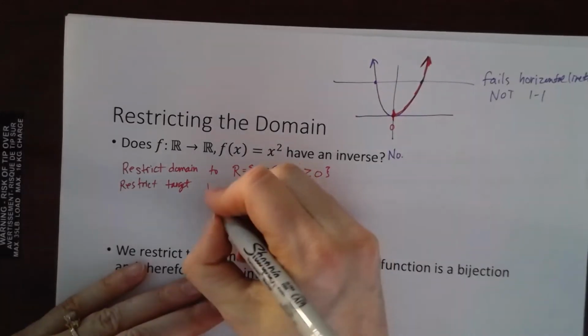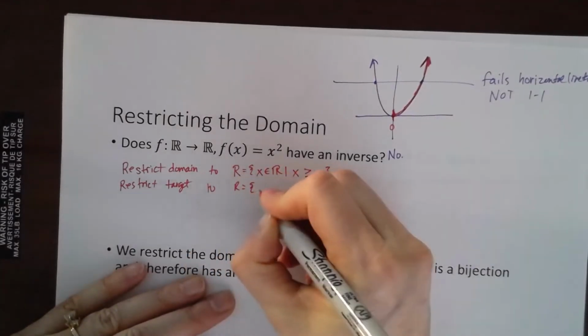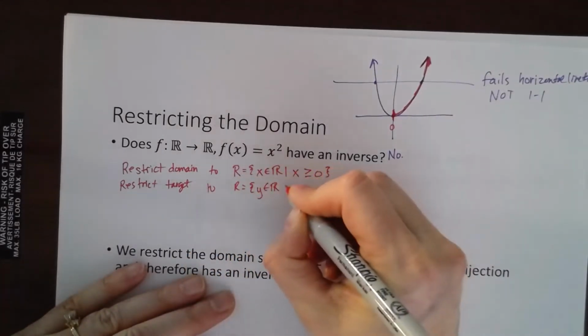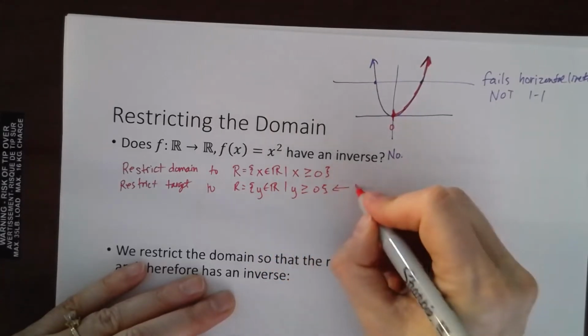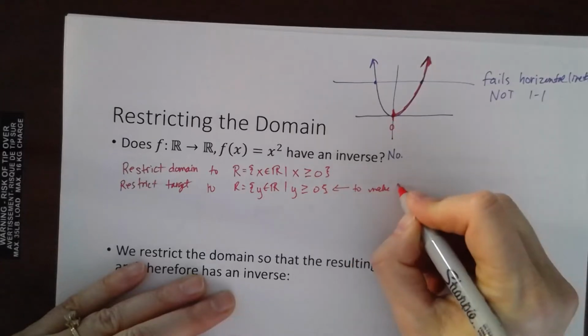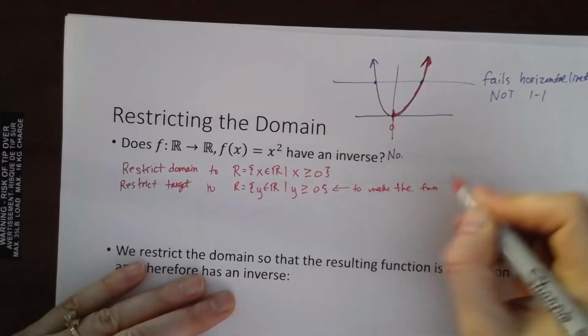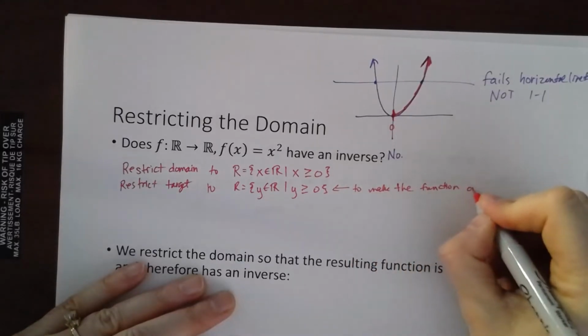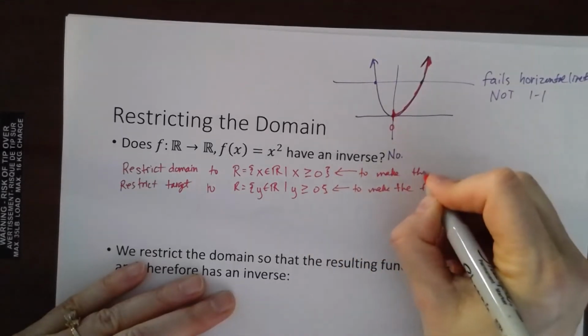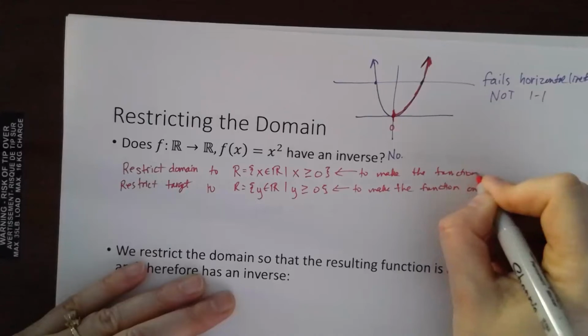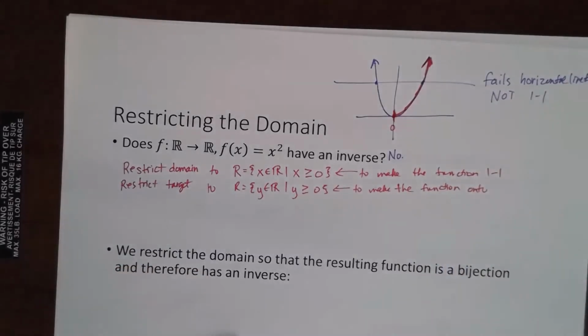Same thing. So this is to make the function onto, and this is to make the function one-to-one.